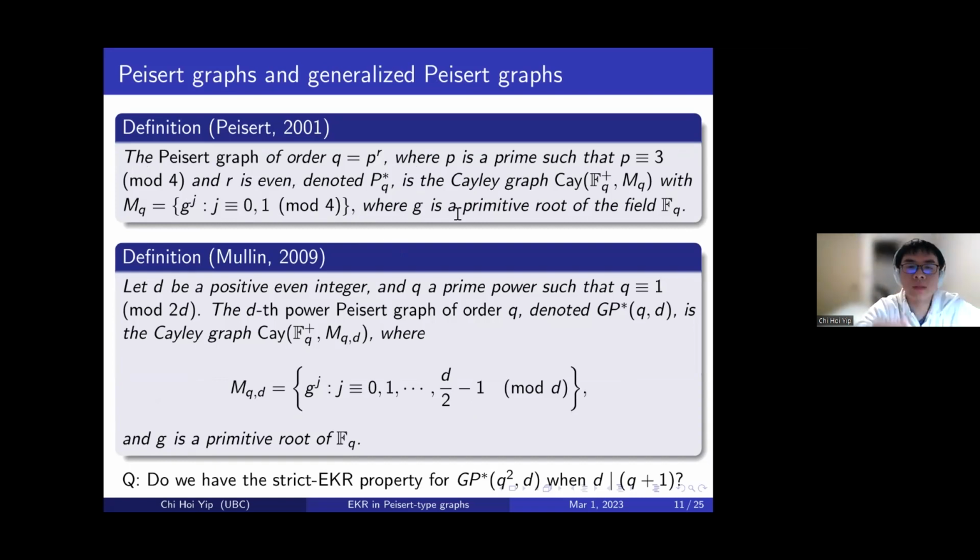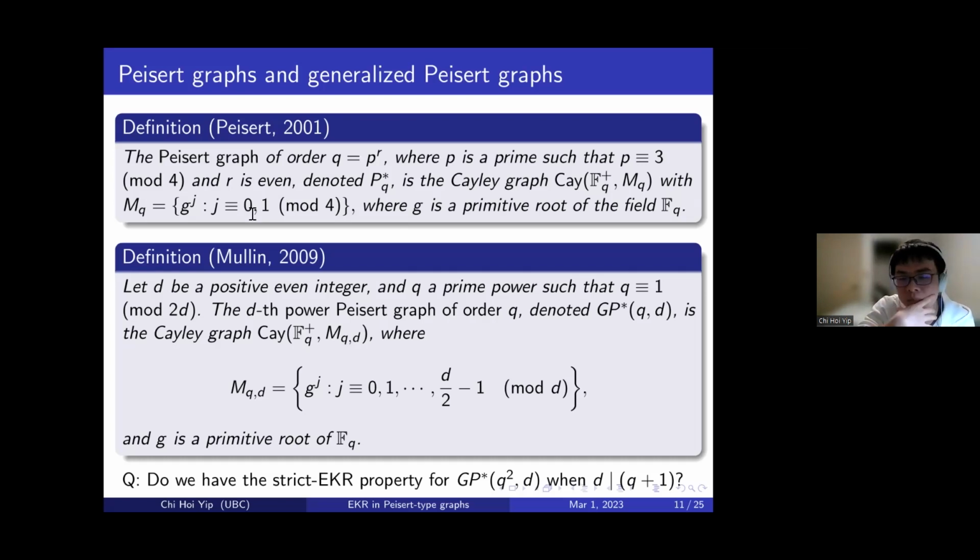And here g is a primitive root of the field F_q. And if we go back to the definition of Paley graph, the connection set is given by the set of squares. So that means the connection set is actually given by those g to the power j, where j is congruent to 0 or 2 modulo 4. So in this sense, Paley graphs and Peisert graphs are also very, very similar.